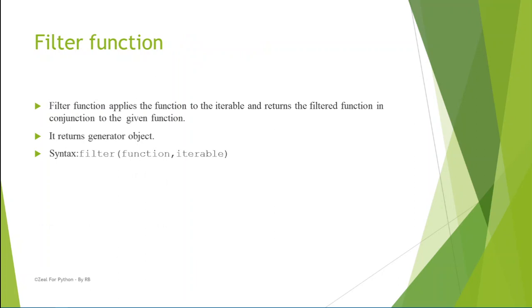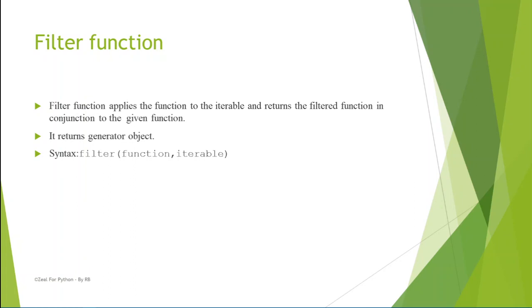Then we have another function which we call the filter function. Filter function applies the function to the iterables and returns the filtered values in conjunction with the given function. Now what does this mean? See, many times we have a particular requirement.